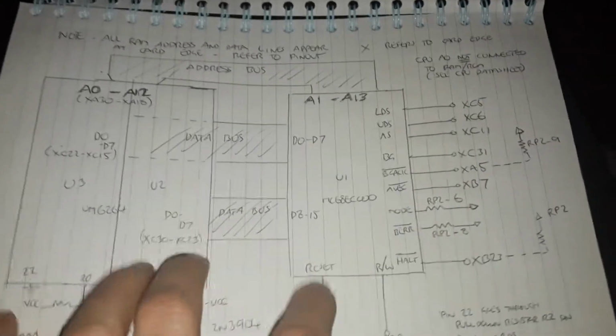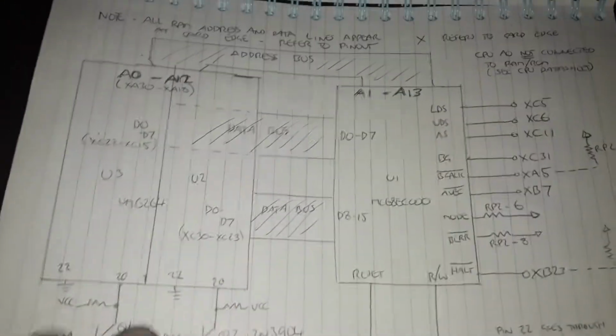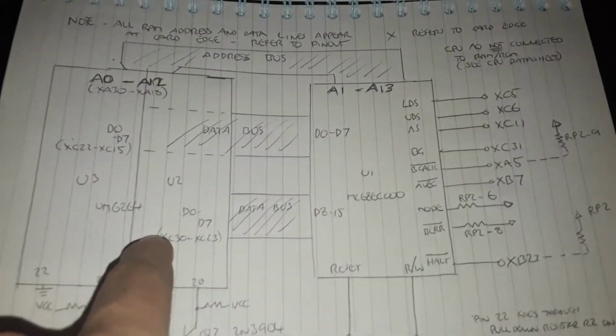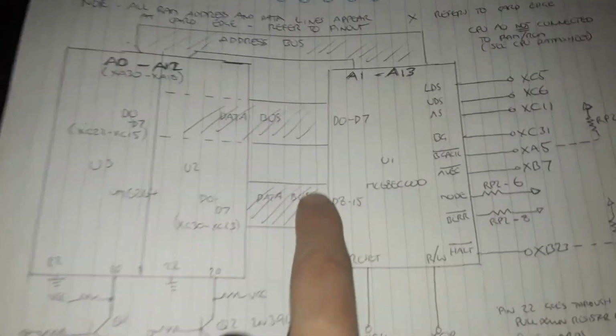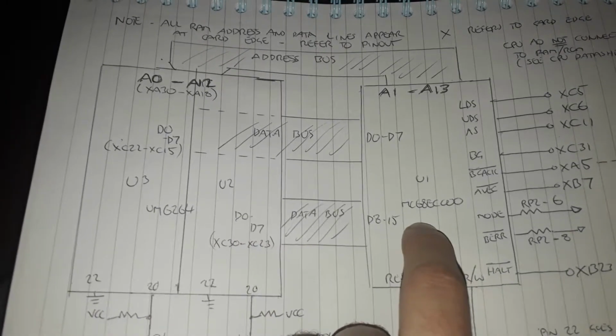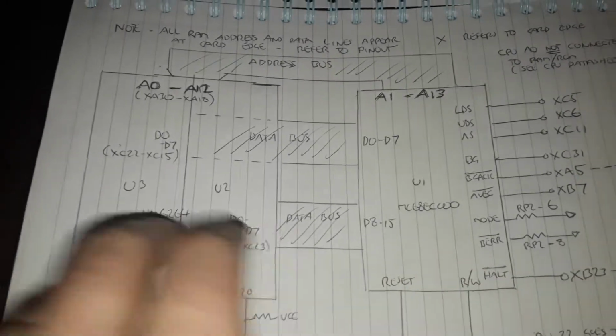So, talk about the Atari style CPU schematics. Just draw a block diagram style with all the various pins marked out. Now, this is how Atari did it back in the day. You've got your data bus high and low, and all I've done, D0 to D7, go from the RAM to the CPU.